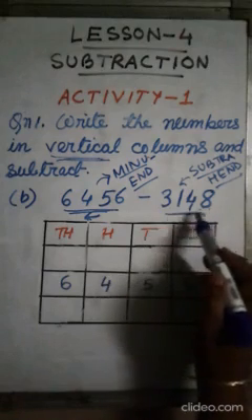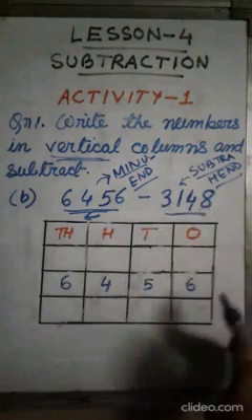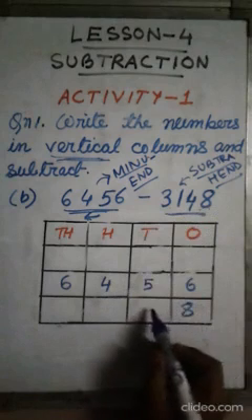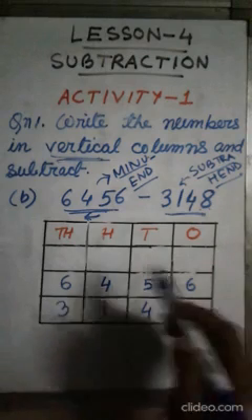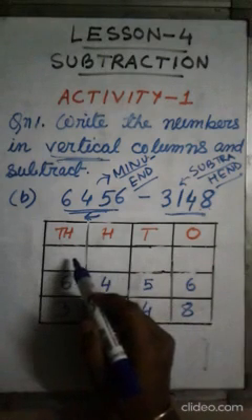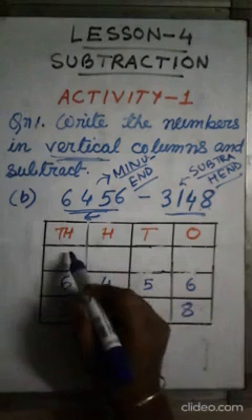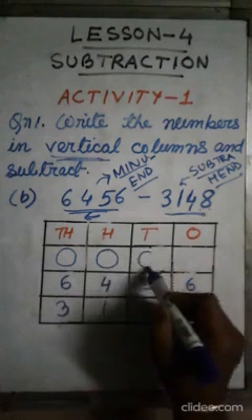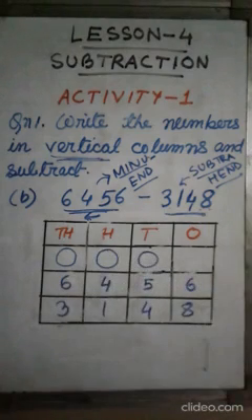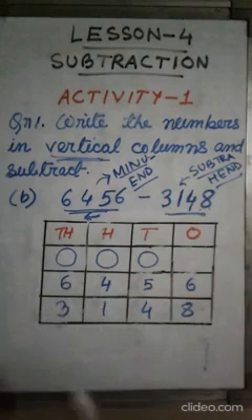The second number we are going to subtract, 8, 4, 1 and 3. The first row I have kept blank. I shall keep some blank space. You will know why. Now we shall subtract this number from this number.